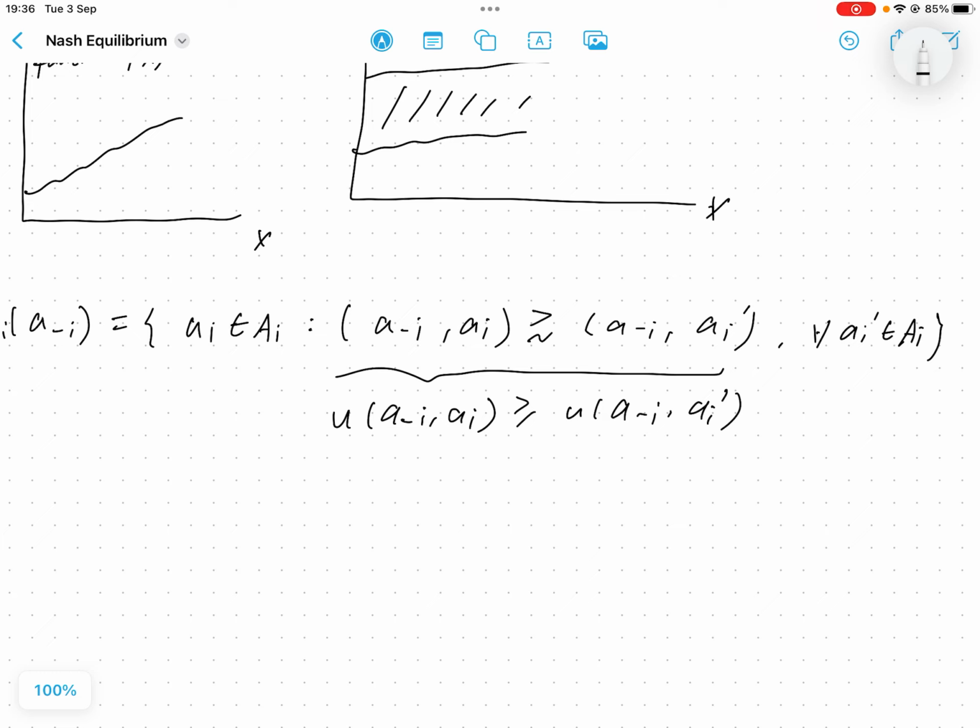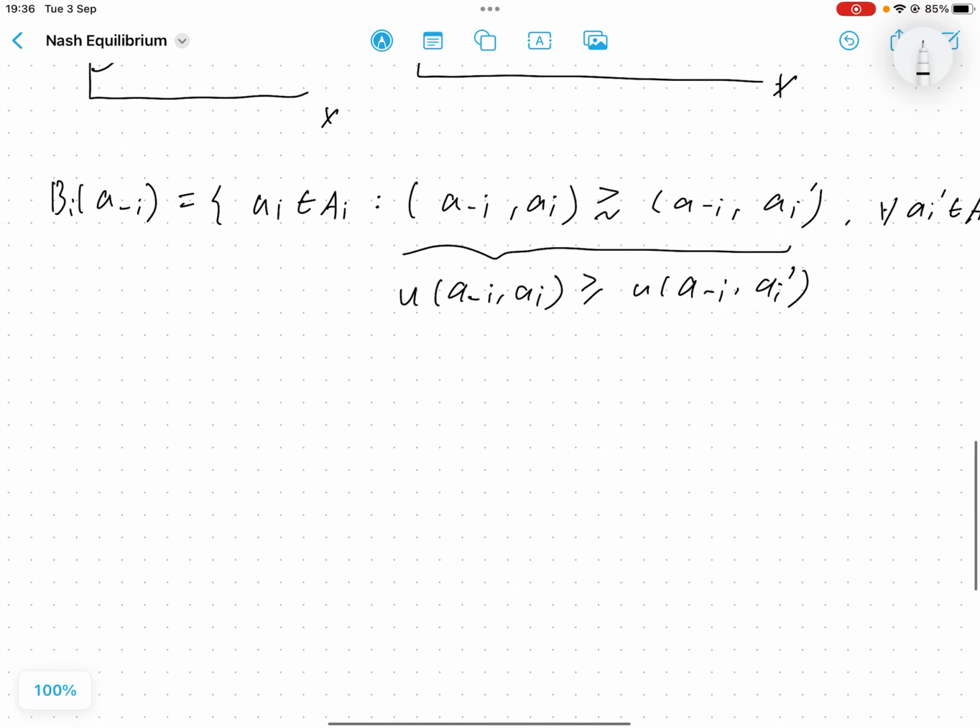So what is a Nash equilibrium? Essentially, a Nash equilibrium is an action profile where everyone's action is the best response given the other agents' actions. It means everyone in this equilibrium, in this steady state, is playing their best response given all the other players' actions.